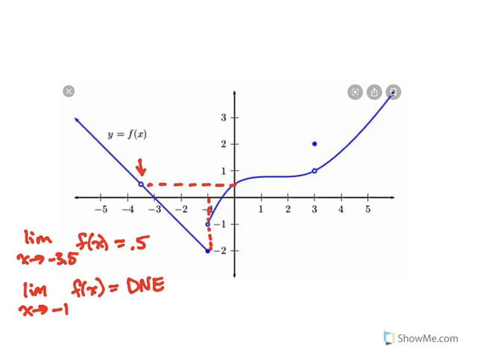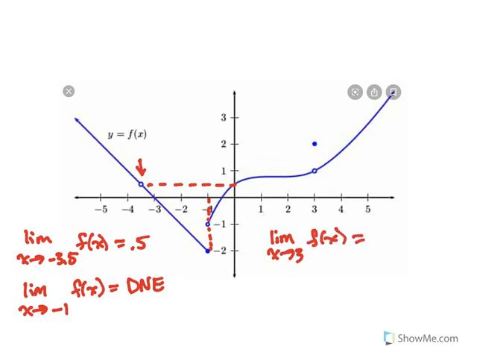The first one, if you happen to remember from college algebra, we call it a removable discontinuity, because there's things we can do to still be able to graph that without just saying, oh, the function doesn't exist at that point.